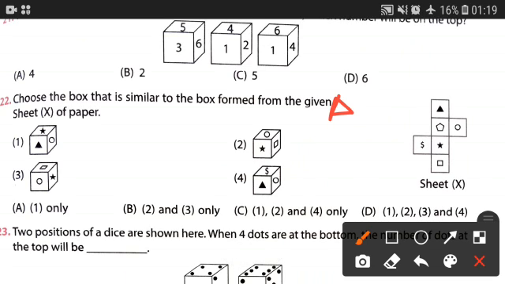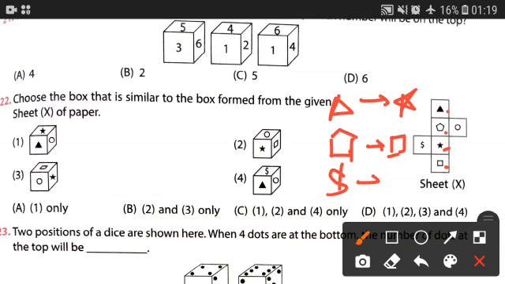This triangle face will be opposite to the star one. This triangle and this star are opposite. This pentagon and this square are opposite. Similarly, this dollar and the circle are opposite.